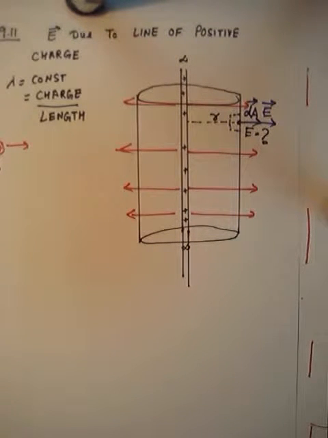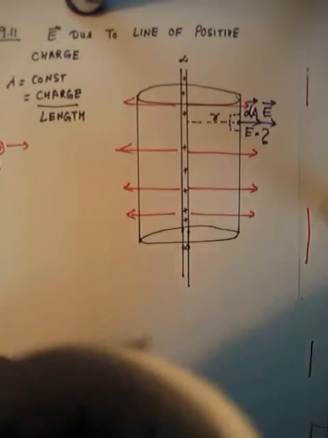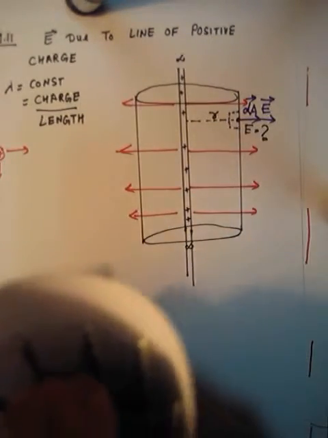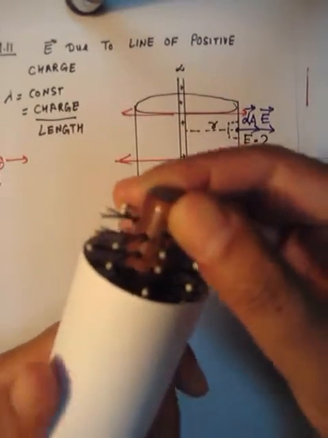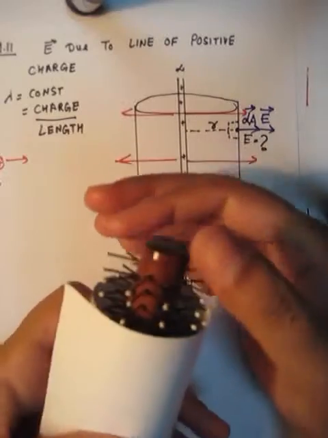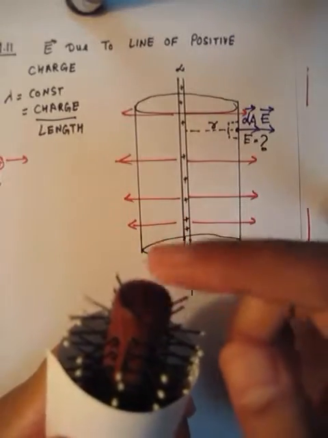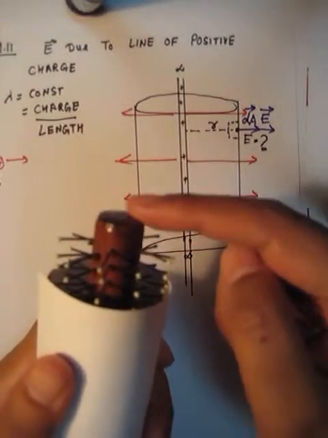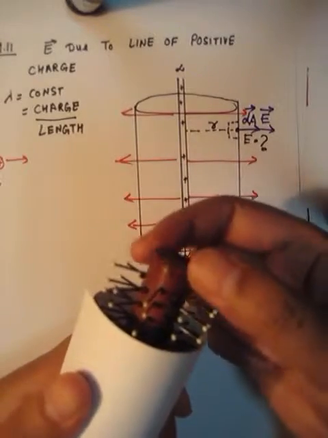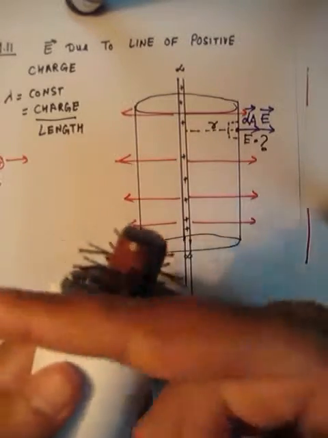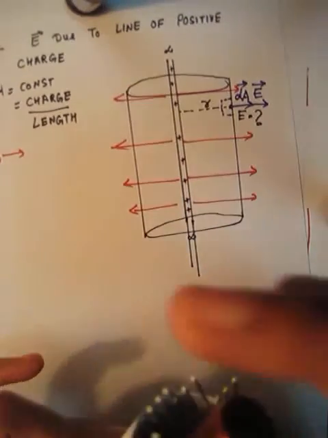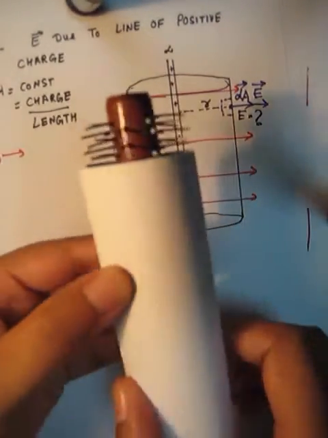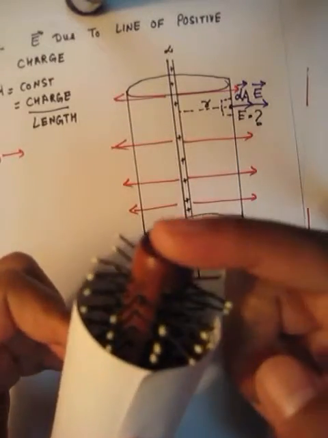I have tried to make an analogous situation to this one. It is a hairbrush. It can be compared to a positive charge or a charged rod. The electric field is in all possible directions, and this paper around it will be a Gaussian surface around the wire.